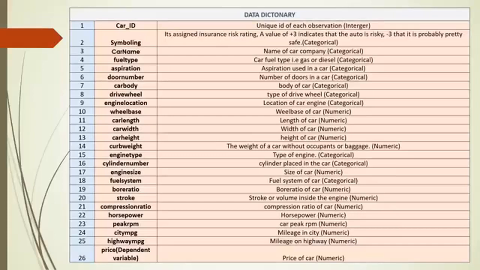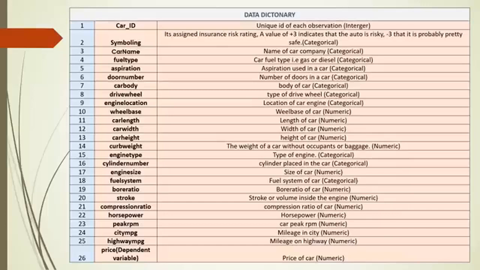We can see from this data dictionary that car ID is the unique ID of each observation, which is an integer, and car name is the name of the car company, which is a categorical variable. Quite likely is symboling, which is the assigned insurance risk rating, and again fuel type, that is the car fuel type. It may be gas, it may be diesel, which is categorical. Aspiration, which is the aspiration used in the car, is categorical.